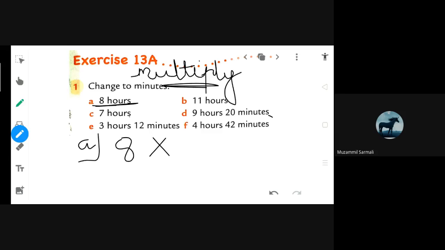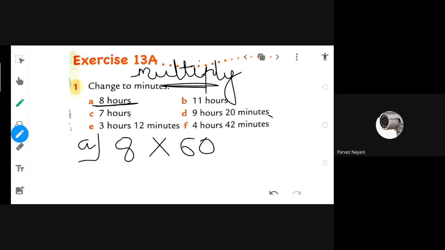Mehreen and Aisha also told 60. Inshia, Alisha, we have to multiply by which number? Ma'am, 60. Okay, my answer is also 60.